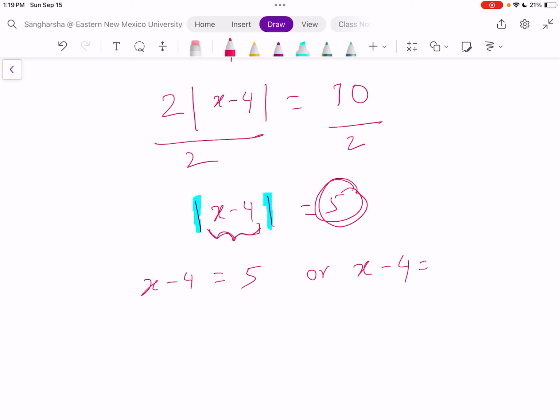Negative of positive 5 is negative 5. Whenever you are rewriting your absolute value equation without the absolute value sign, you're going to get two equations every time.